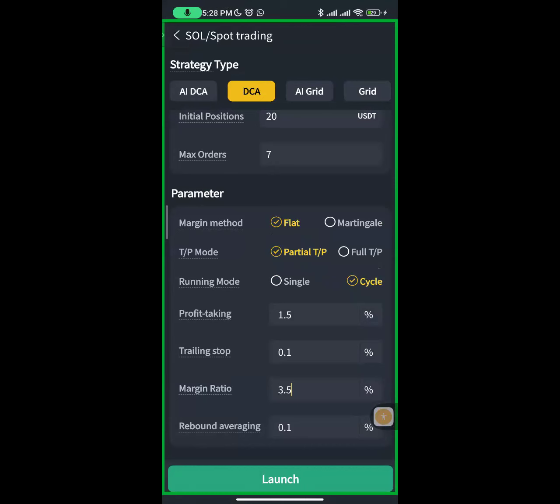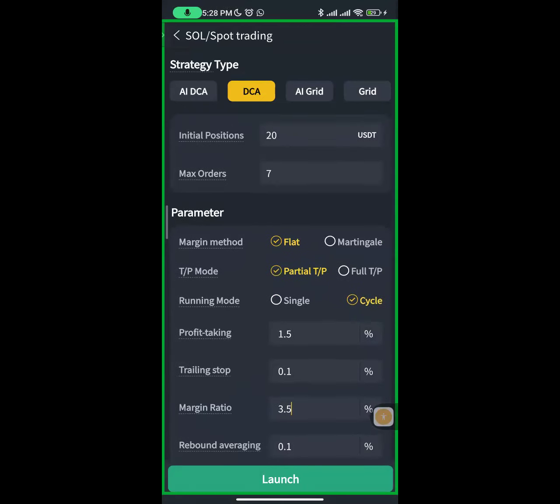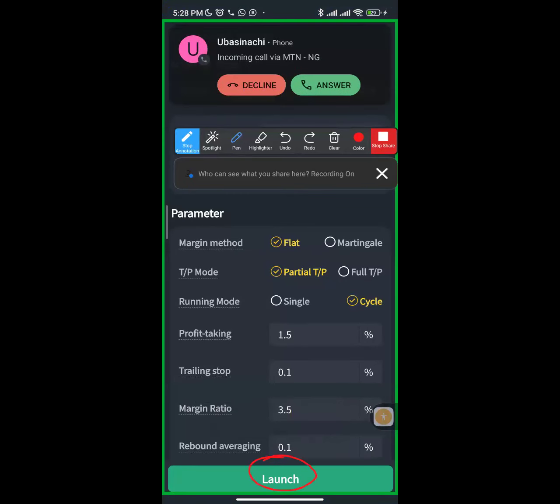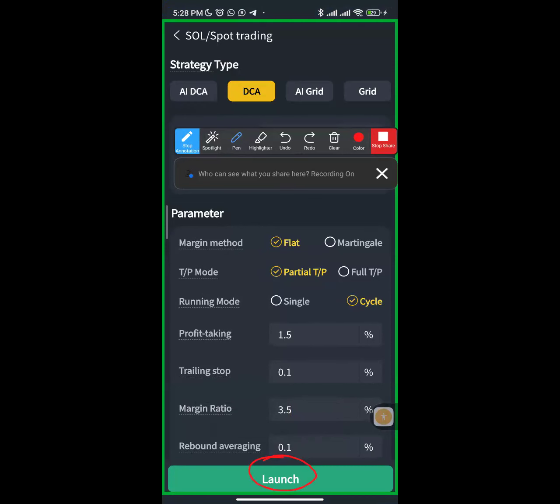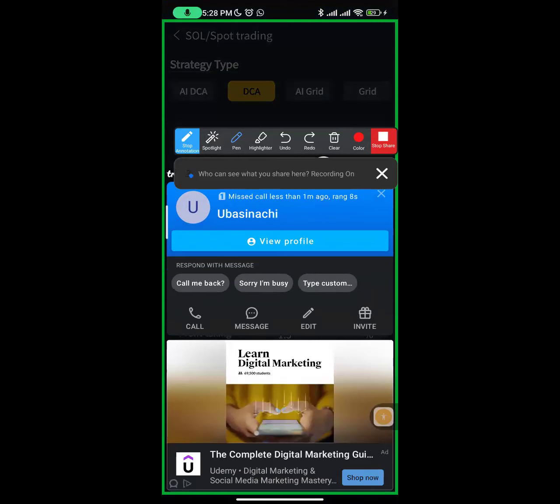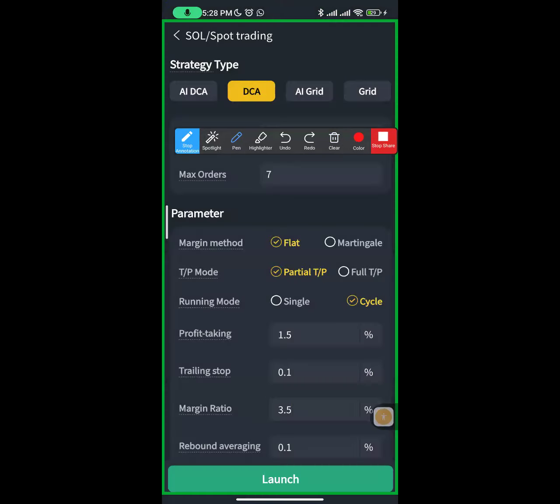So when you're done with that, I think we have a video where we explained this DCA in detailed explanation. Launch. So that's it. Launch, and the robot starts to take advantage and trade the markets for you.